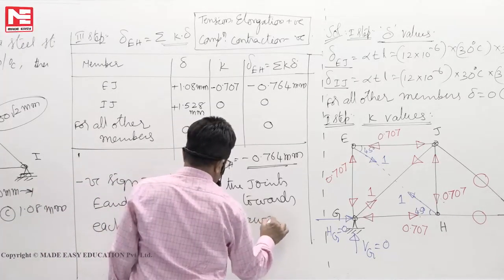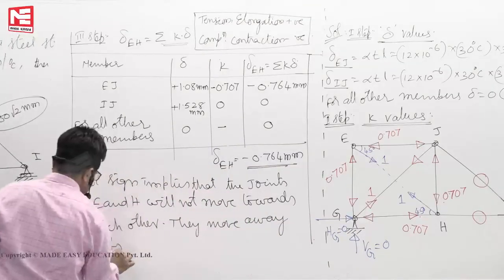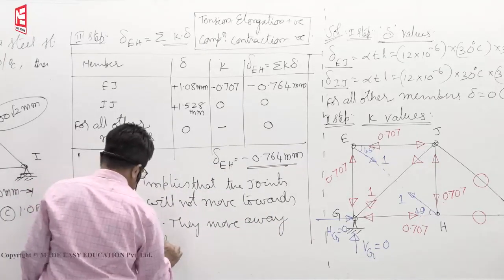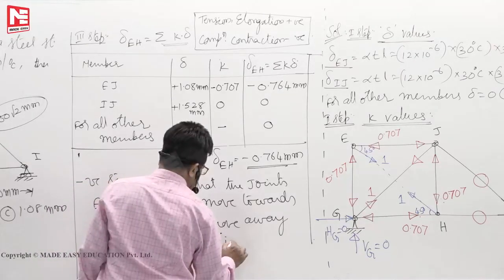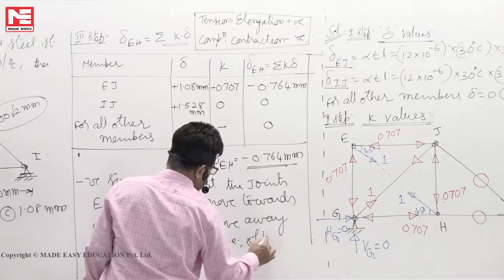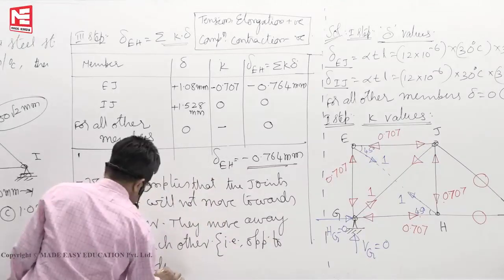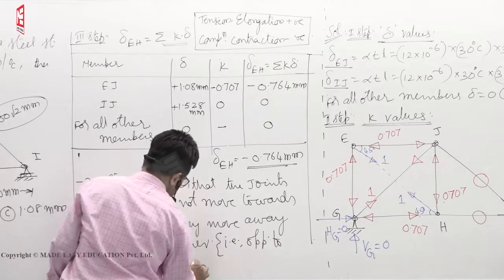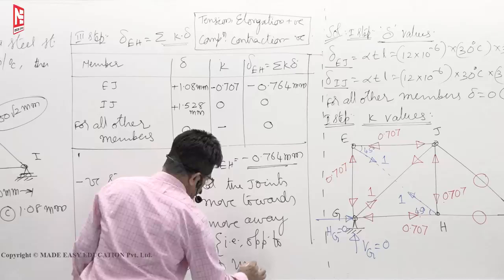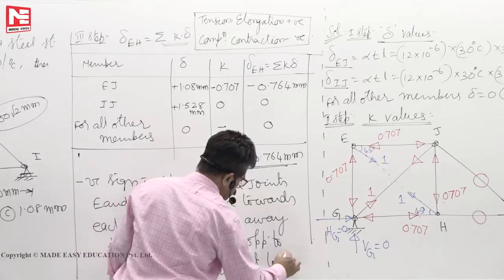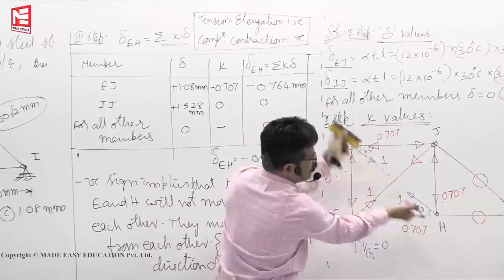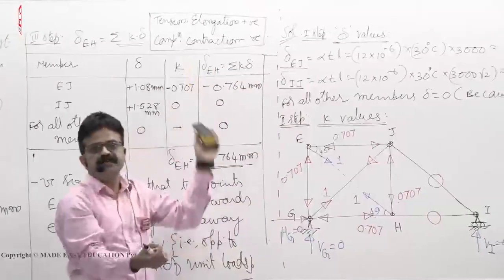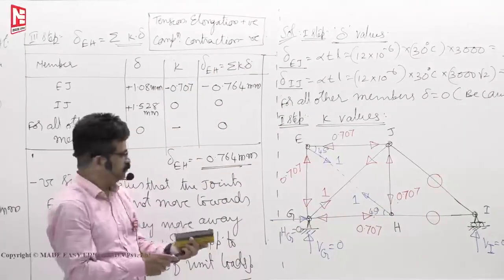They move away from each other. That is opposite to the direction of unit loads. Direction of unit loads, so you have shown like this, but they will go this way. That means they move away from each other.